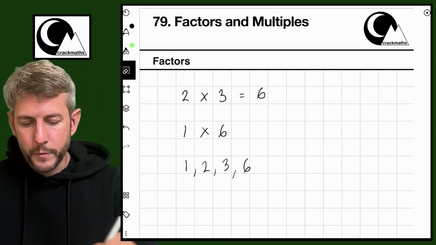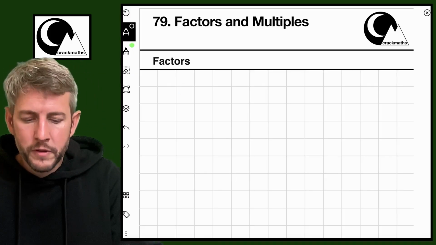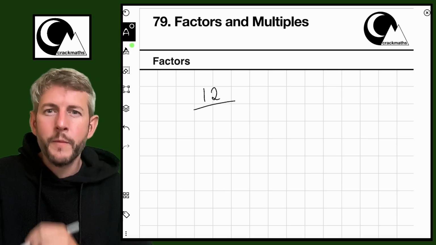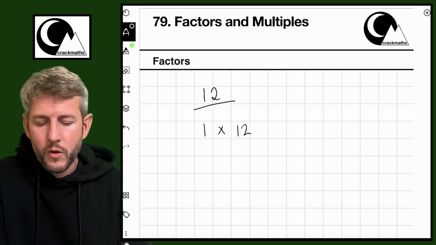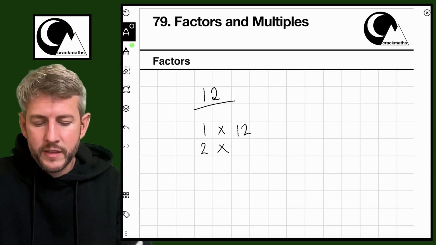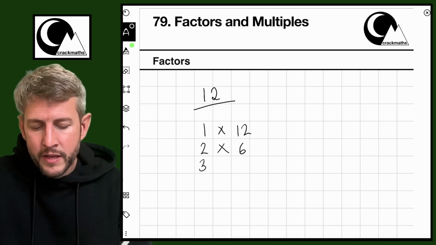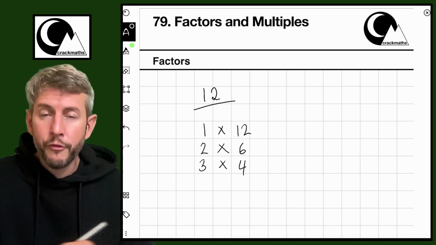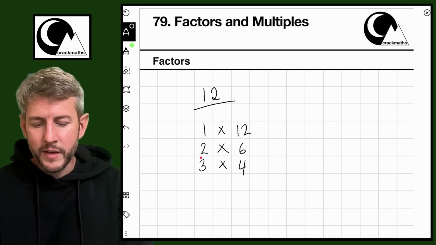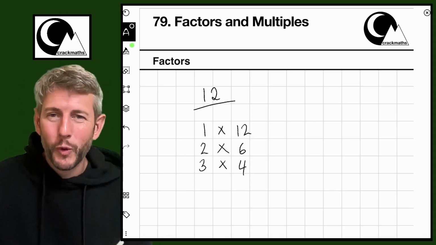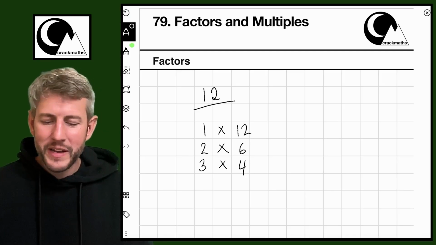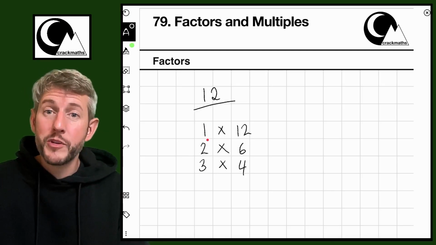Let's look at another example. What are the factors of 12? So here we go. Let's think. We could have 1 times 12, because we always have that. We can have 2 times 6. Then we can have 3 times 4. Now, if we notice here, the numbers have been used up because 3 and 4 are right next to each other. So if I went to these numbers now, I would just start repeating.